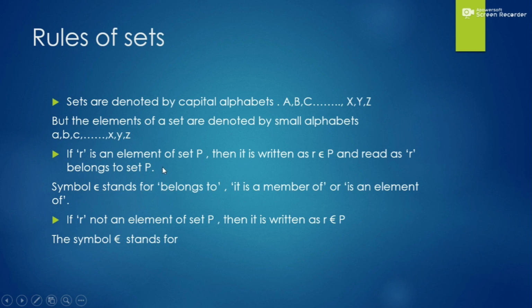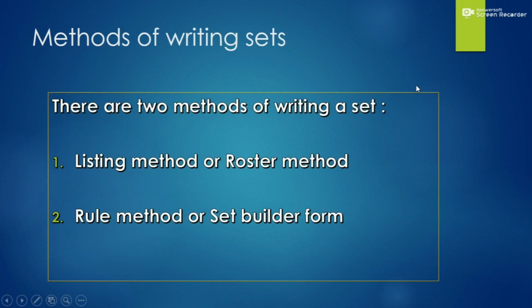If R is an element of set P, then it is written as R belongs to P. That means in the set P there is an element R. This symbol stands for belongs to. These were all discussed in the previous video.